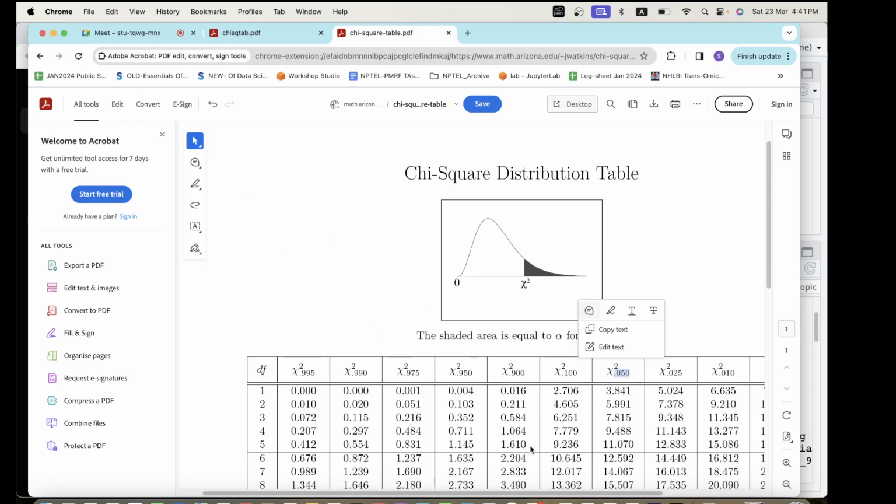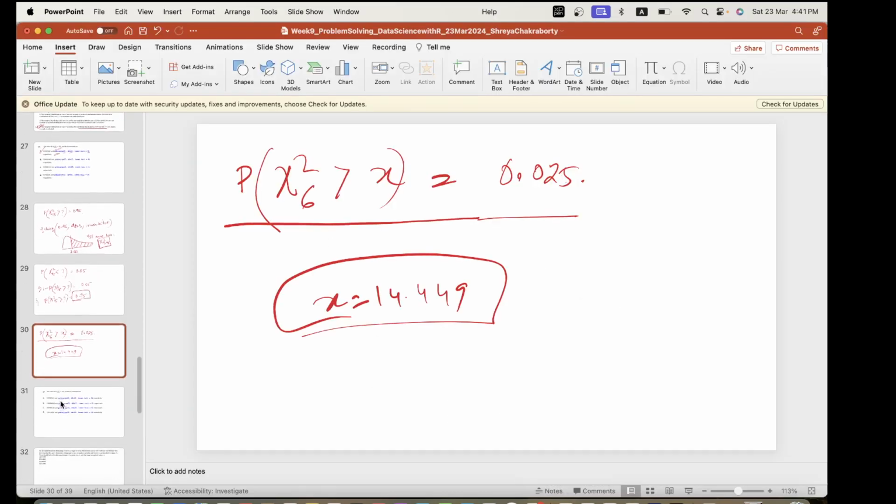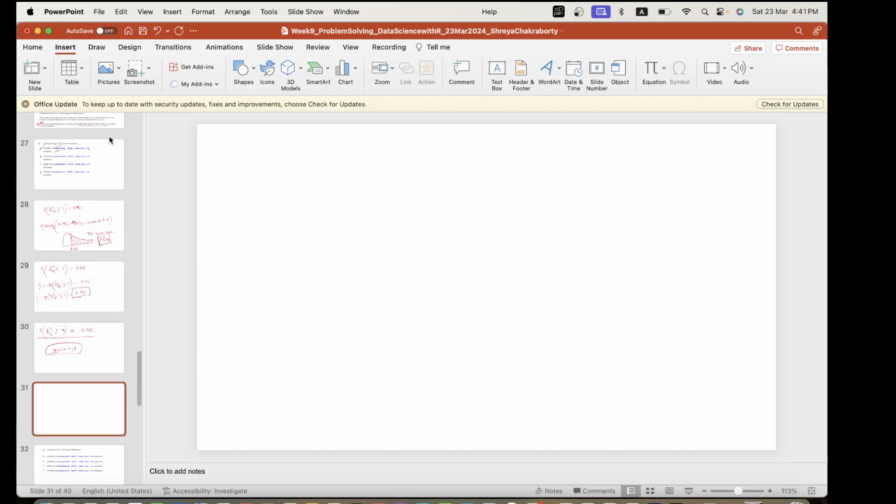If you get questions like this, let's say the probability that some z is less than something is given to you, and this should be greater than or equal to 0.95, or some chi-square is given, what would be the bounds so that this probability is at least 0.95?